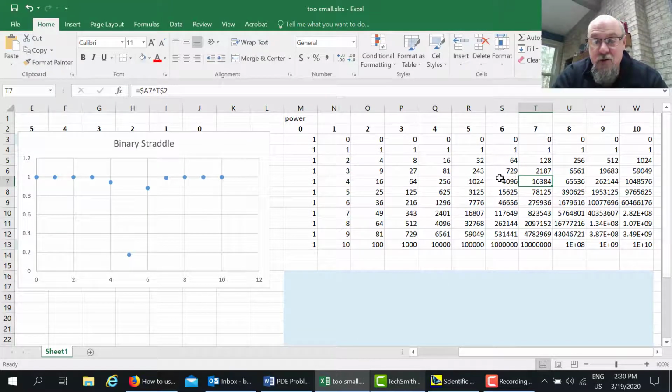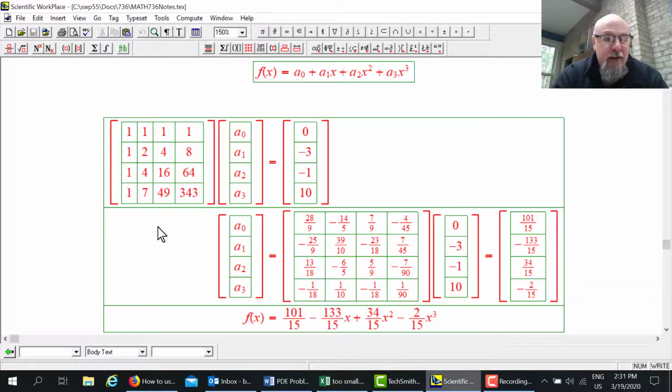In the 5 row, for example, that's 5 to the power of 4. This 10 by 10 matrix is like the 4 by 4 matrix for our example.